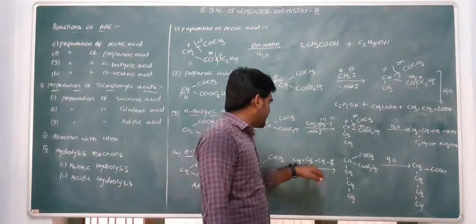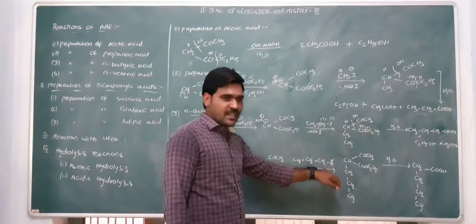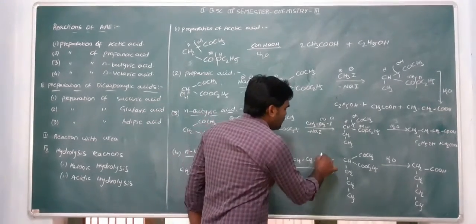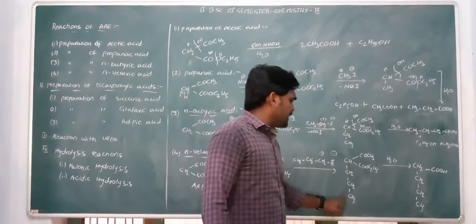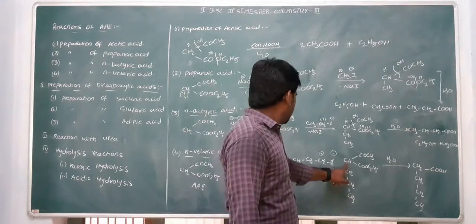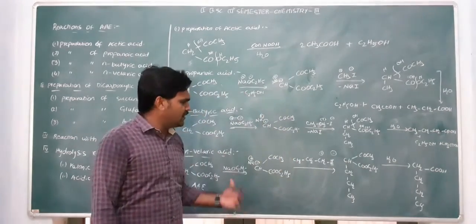Next step, CH3CH2CH2I, 3 carbons added. So CH3CH2CH2 plus and I minus. This is inserted here: CH3CH2CH2CH, COCH3, COOC2H5, as usually written.